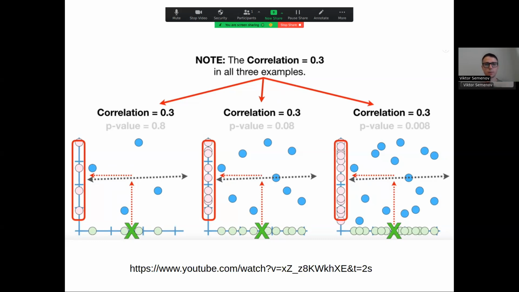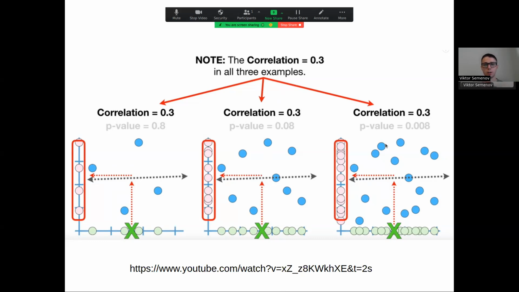You can see here 3 examples from the same channel that I told you about earlier, a StatQuest example of 3 samples with the exact same correlation coefficient of 0.3.